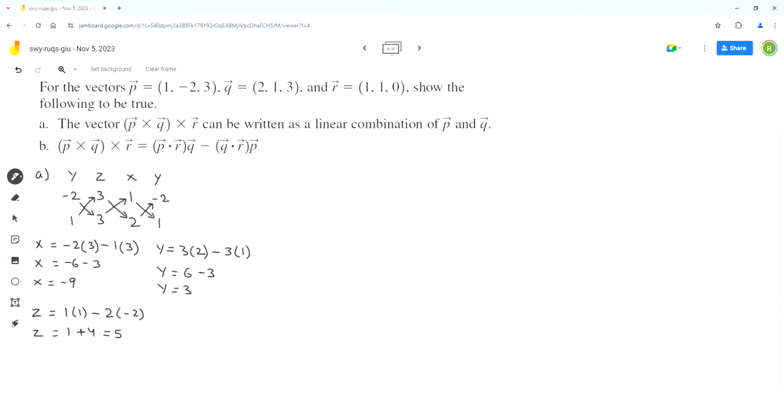The cross product of these vectors is (-9, 3, 5). Now we have to find the cross product of this vector and vector r. So we should stack the y, z, x and y components of these two vectors.